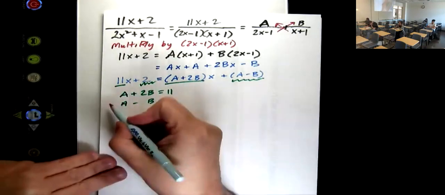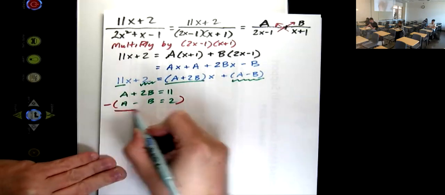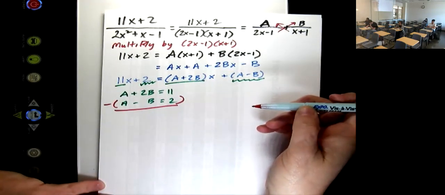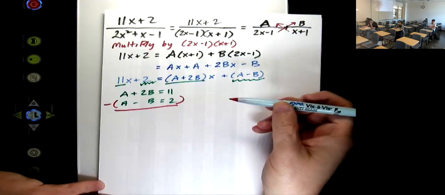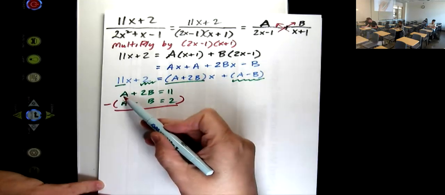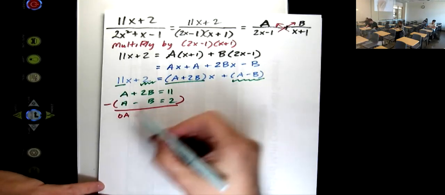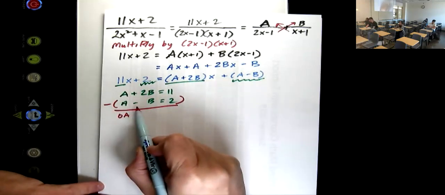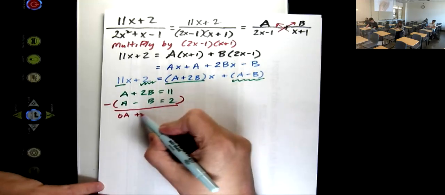What happens if I just subtract this bottom one from the top one? So if I subtract, I have a minus a is 0a. I've got 2b minus a negative is a plus, so 2b plus b is plus 3b.